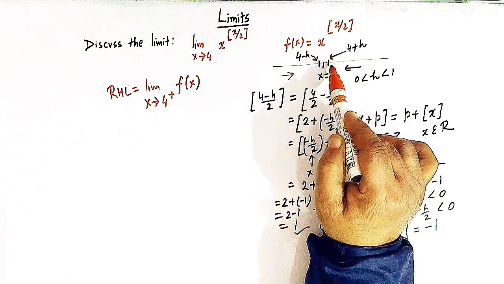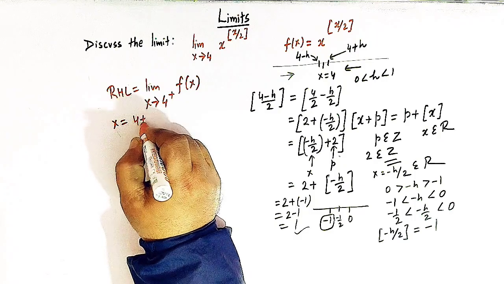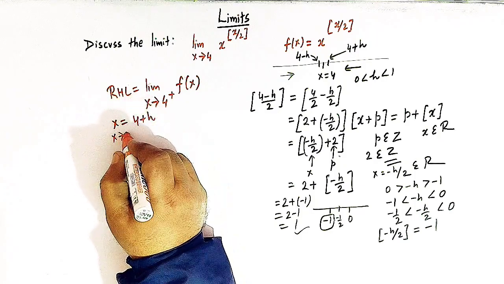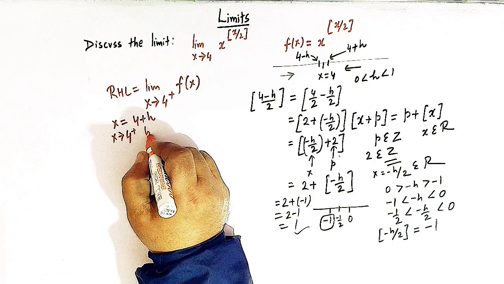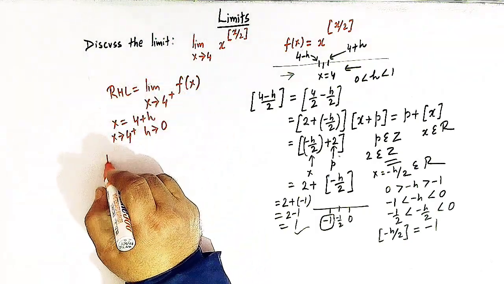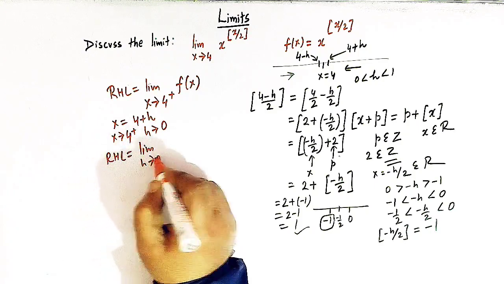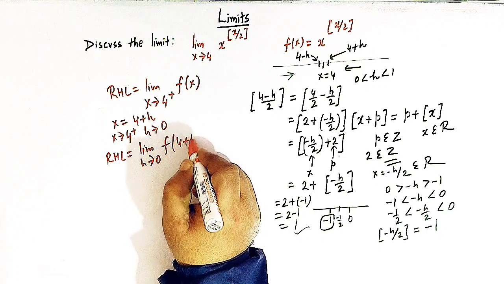So here we have the point 4 plus h. So we'll write x is equal to 4 plus h, and when x tends to 4, then h tends to 0, right? So now the right hand limit can be written as limit h tends to 0, and we have f of 4 plus h.